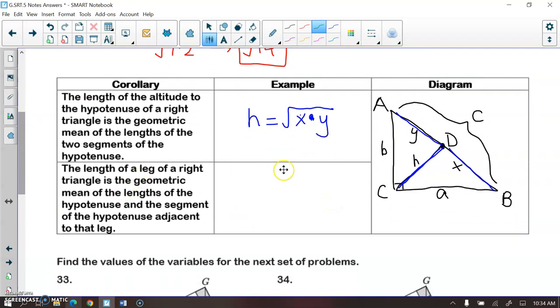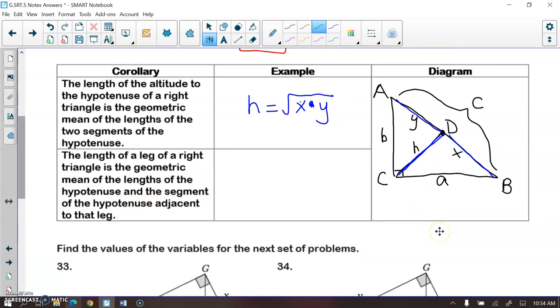And then there's two more equations. The length of a leg of a right triangle is the geometric mean of the lengths of the hypotenuse and the segment of the hypotenuse adjacent to that leg. What I mean by that is, if I said I wanted to find this leg here, that is equal to the geometric mean, which means the square root of the product of two things.